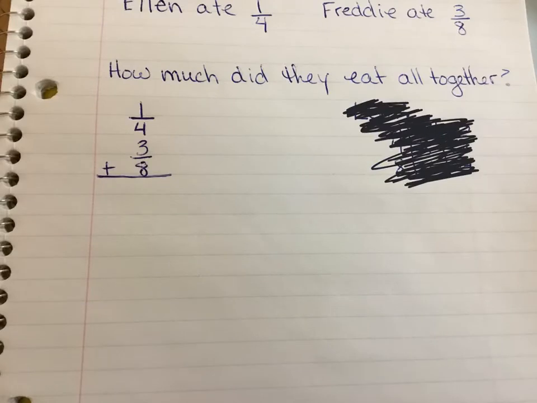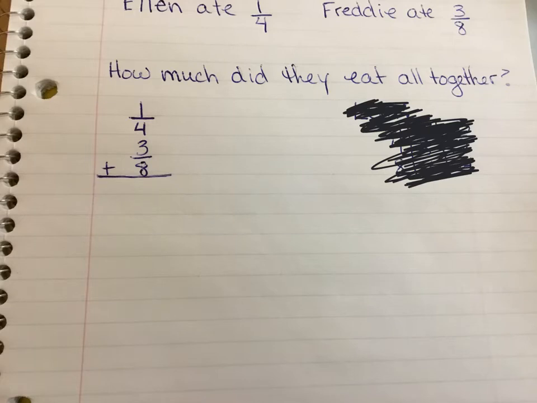Okay, so I went ahead and took both of the fractions and I put them on top of each other. The reason I do that is it makes it easier for us to work with the numbers when we have to change the denominators. When we write them out like this, and then we have to go and change a denominator, it gets all messy, and so I just chose to write them on top of each other.